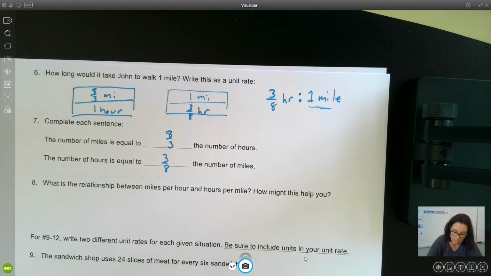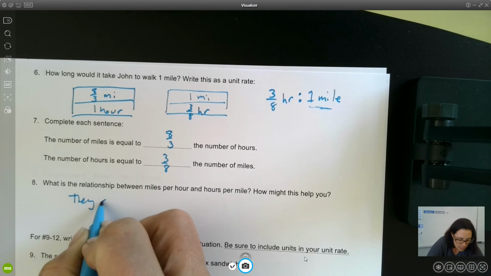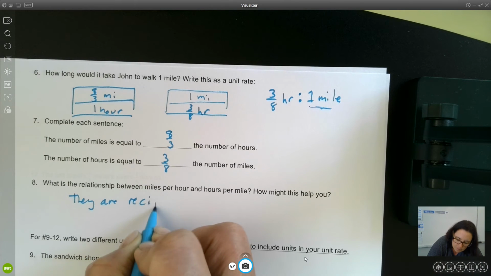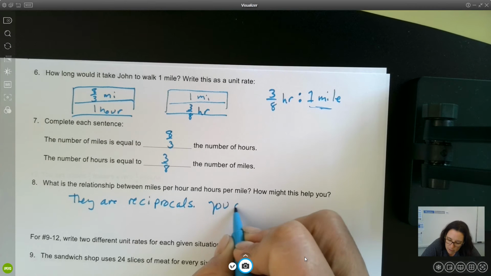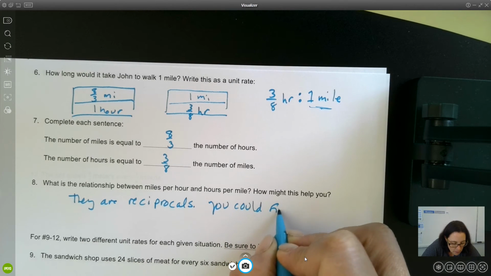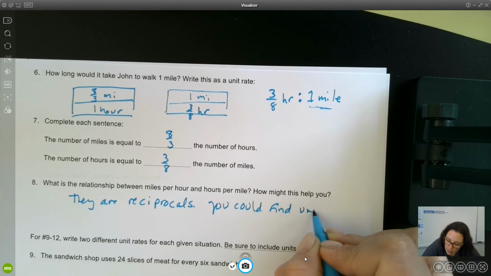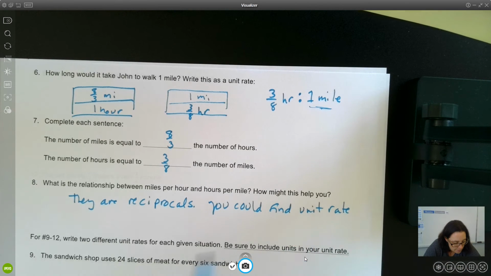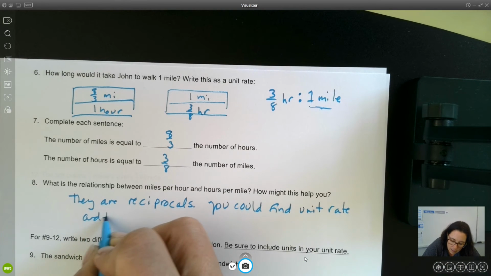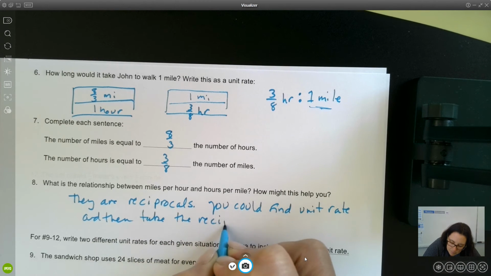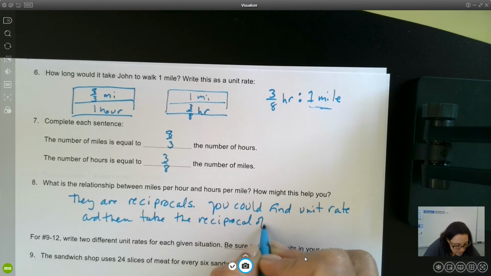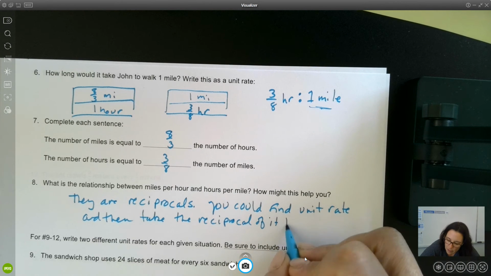I just kind of gave that away, I guess. They are reciprocals. You could find 1 unit rate and then take the reciprocal of it to find the other.